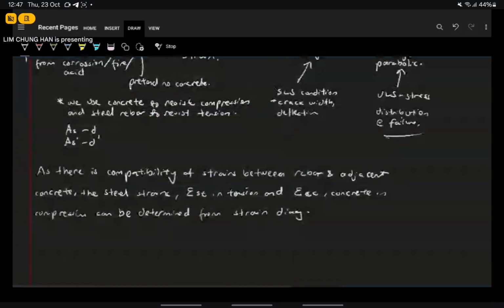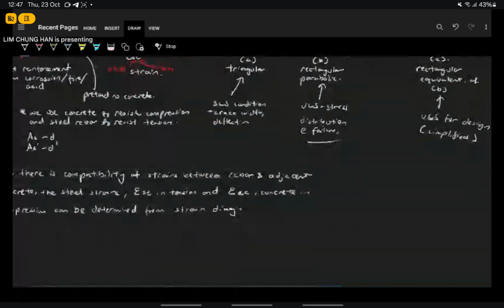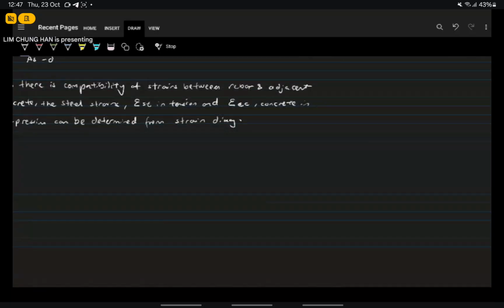From this diagram, you can come up with this relationship.